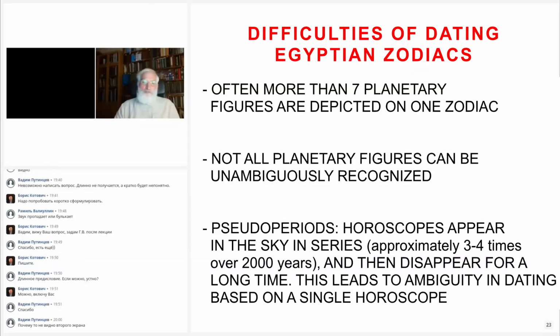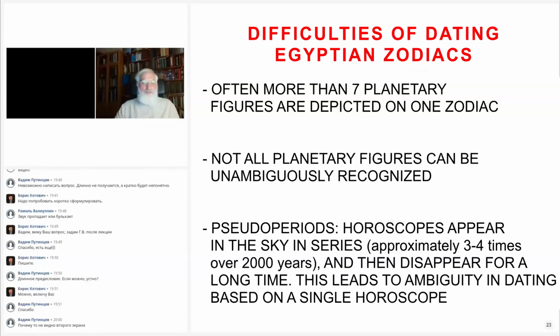Another problem arises with pseudo-periods. That is, a certain horoscope appears in the sky with certain constellations and planets, but in reality, this horoscope will reappear, and then again. These occurrences are distributed unevenly over the axis of time.